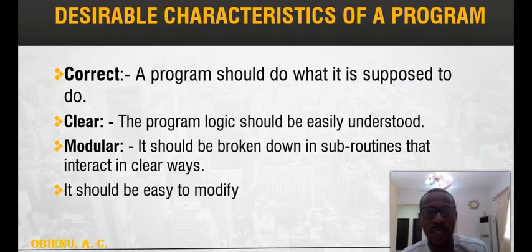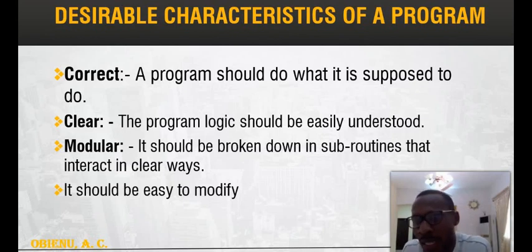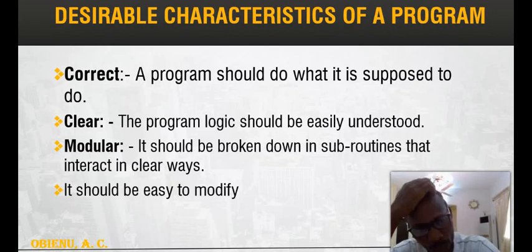Take for example our generators and equipment, which were developed by foreigners, but our people could study these machines and have a good understanding of them. Then they are able to repair such a machine when it goes bad. It is the same with a program. If the logic behind a programming code is not easily understood, then it becomes difficult for someone to alter the code or to improve on that code.